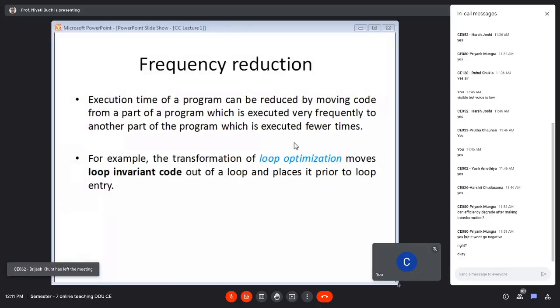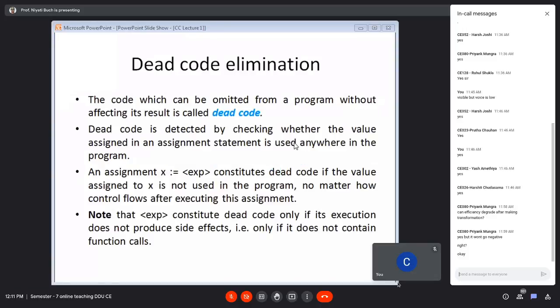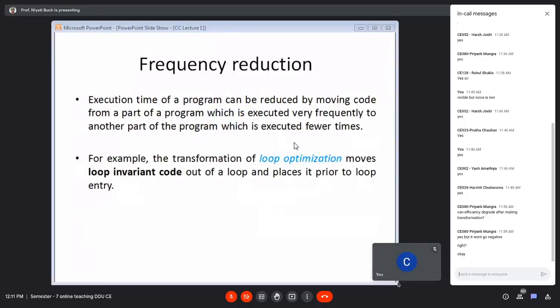Next is frequency reduction. I hope the idea behind dead code elimination is clear. As the name suggests, it is very simple, and such code should be eliminated. Moving ahead with the next transformation, frequency reduction.